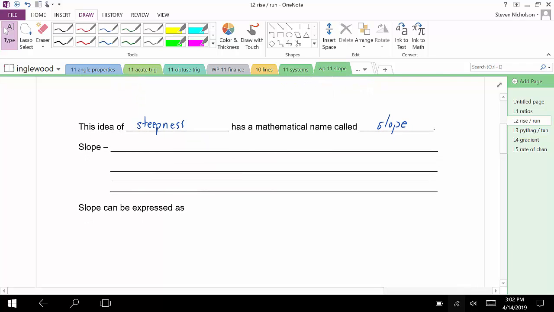So here's what slope is with respect to this idea of steepness. Slope is the ratio that compares the change in vertical distance to the change in horizontal distance.